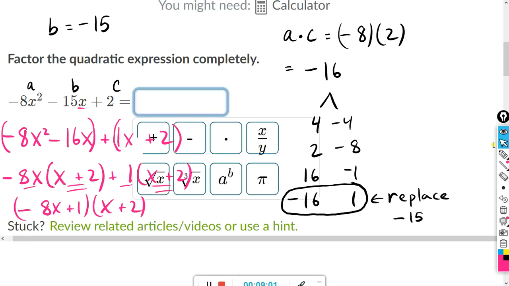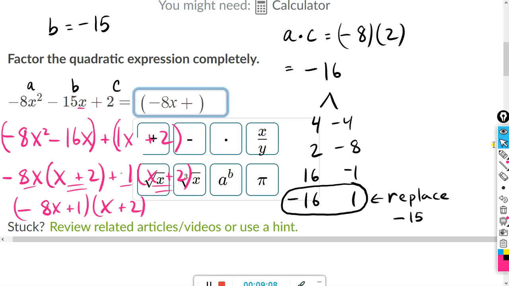So you just enter that in the box. Use the parentheses, negative 8x plus 1. Hit the right arrow key, parentheses, x plus 2.